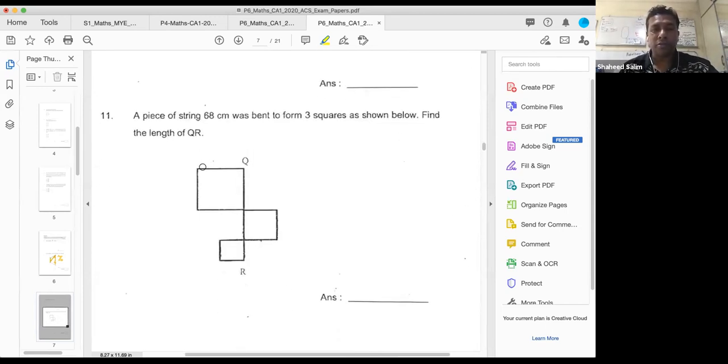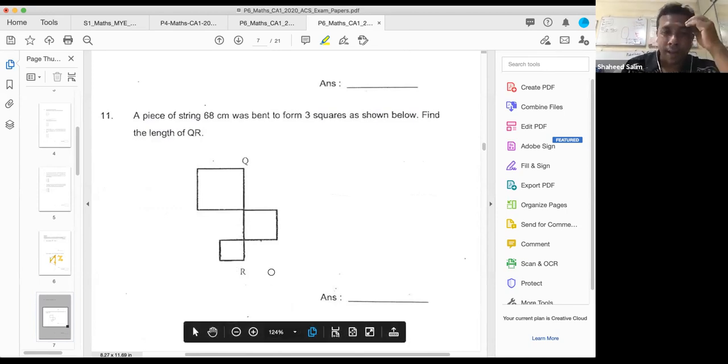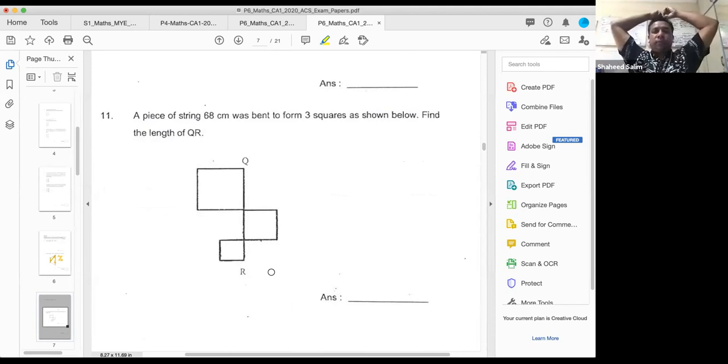Okay, this is a string. It is bent to form the shape below. We want to find what is the length QR. And I myself got to think about this. 3 squares. Okay, got it. It's a trick question. Be careful.